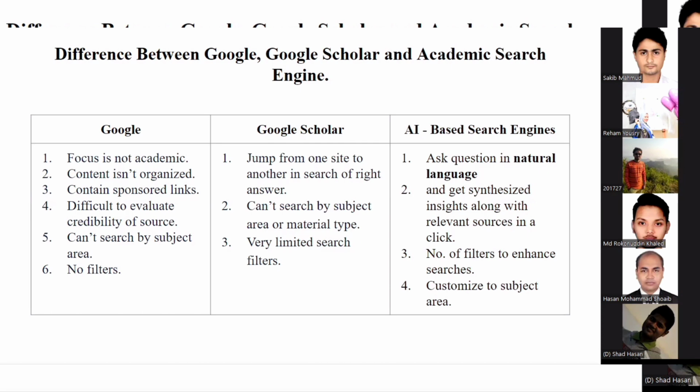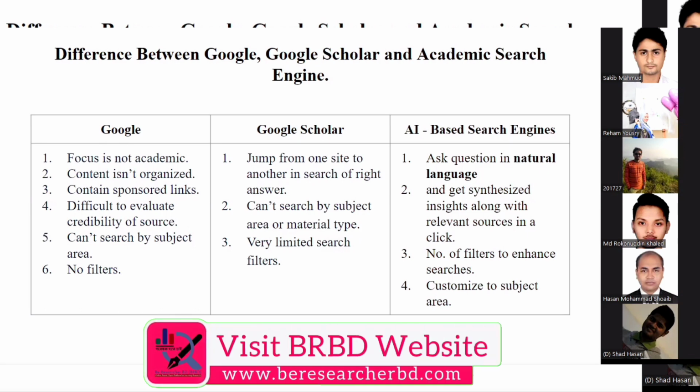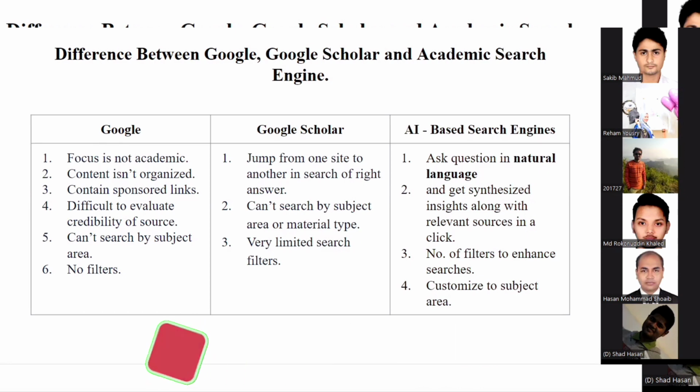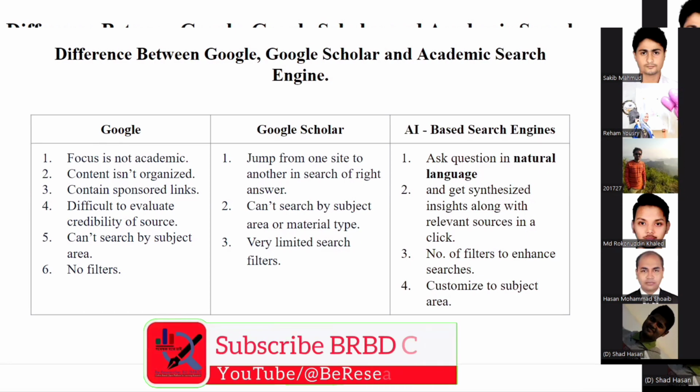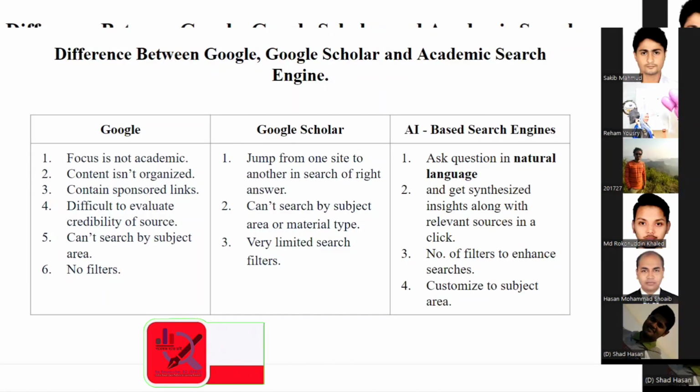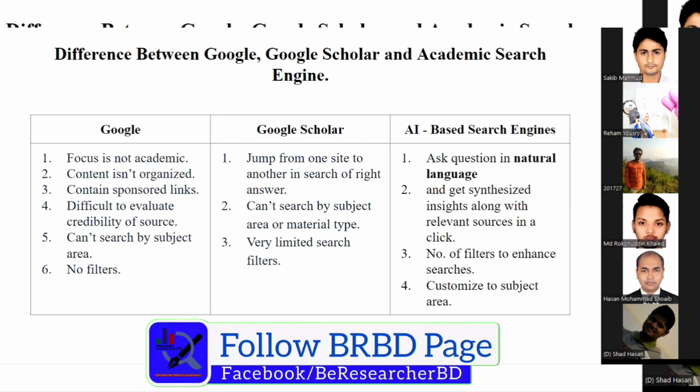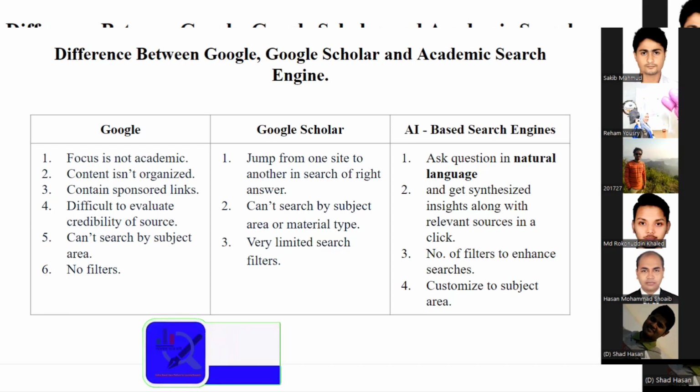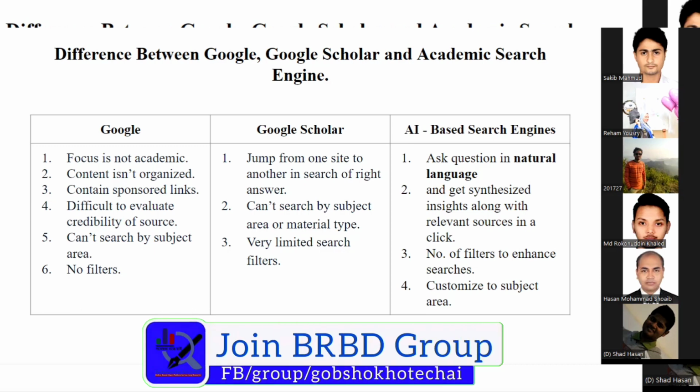But in Google Scholar, once you write that particular line, you have to switch between different windows to search out different answers. For example, you have to read one paper, then go back and open a second research paper, and then again return back, then read a third paper, and open a third window.